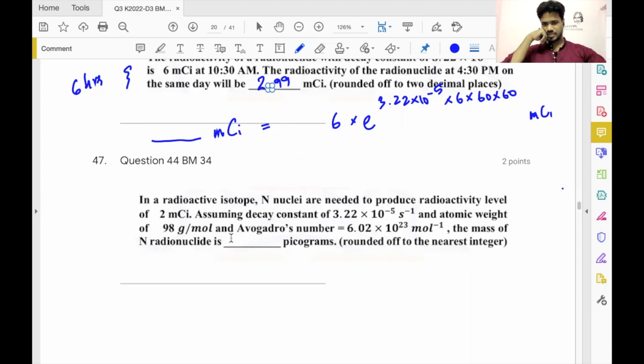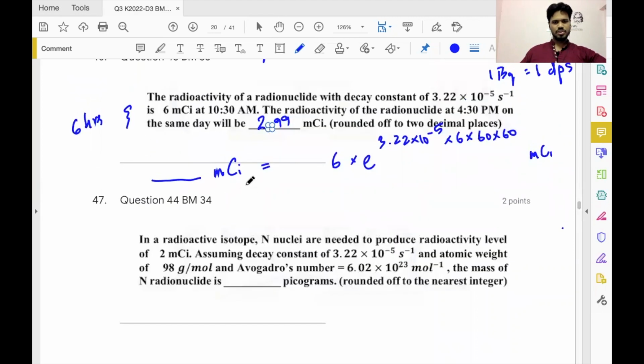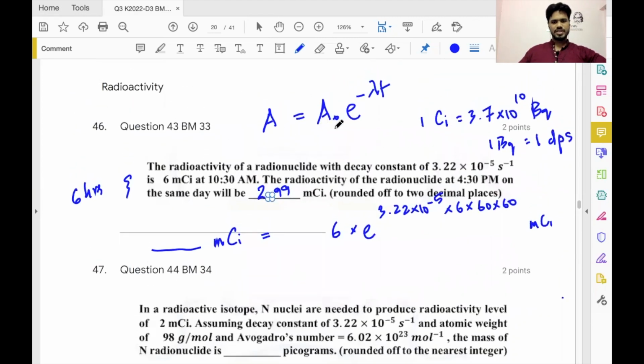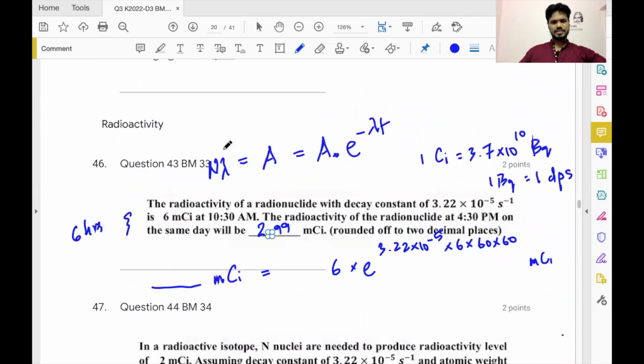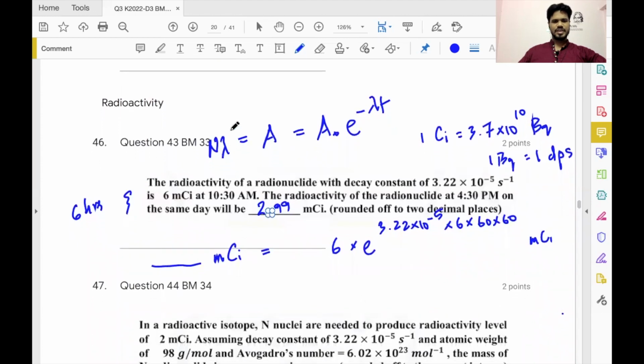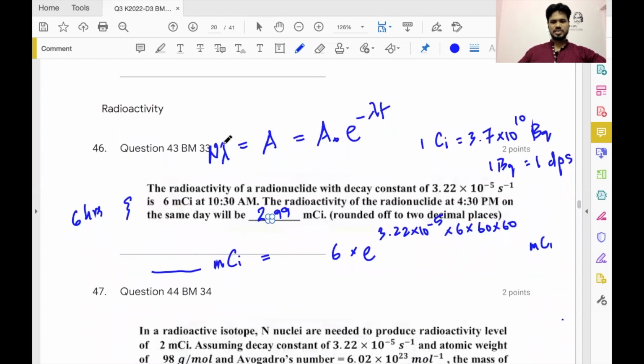Radioactivity. First thing, notice it boils down to this relation. Here, radioactivity is the number of decays per second. That is, our A will be equal to n times lambda. We know how this relation shows up, right?